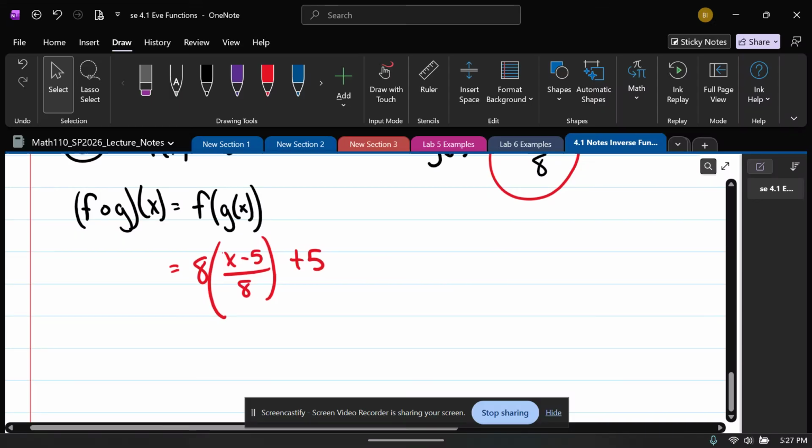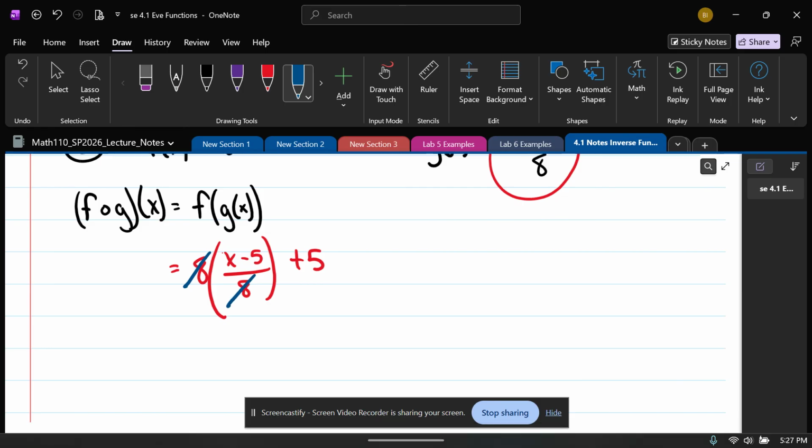Okay. Now, when I multiply that together, this 8 up here and this 8 down here are going to cancel each other out. Because that's really an 8 over 1, right? Remember cross canceling and multiplying fractions? That's 8 over 1. And 8 divided by 8 cancels out, right? There's 1.